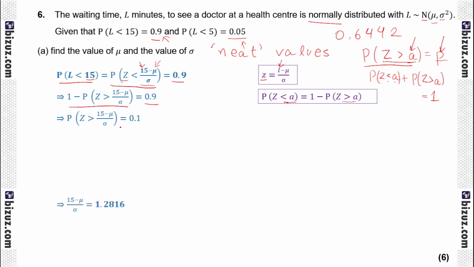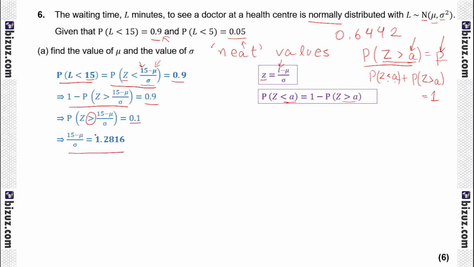So if we see the small table, we'll see that for 0.1 the value of z is 1.2816. So it was necessary that this was greater than for us to use the small table, otherwise we couldn't have written this.